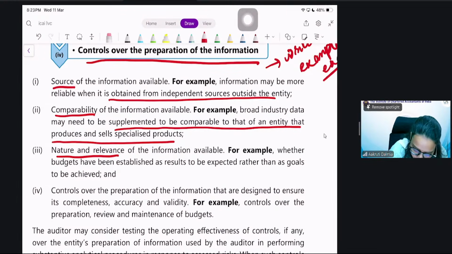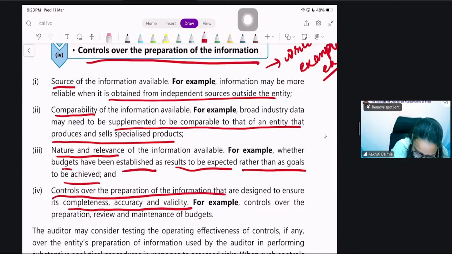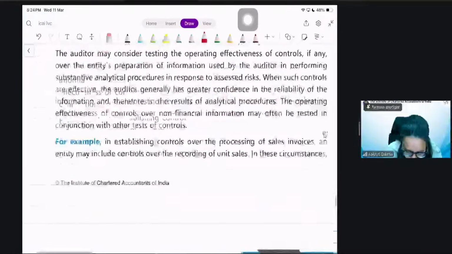Nature and relevance of information, whether budgets have been established as expected rather than goals. We don't focus on goals, we focus more on budgets. Controls over preparation of information that are designed to ensure accuracy, completeness, and validity. What do controls ensure? Always remember, it ensures completeness, accuracy, validity. So controls over preparation, if it's better controlled, then the reliability is better.